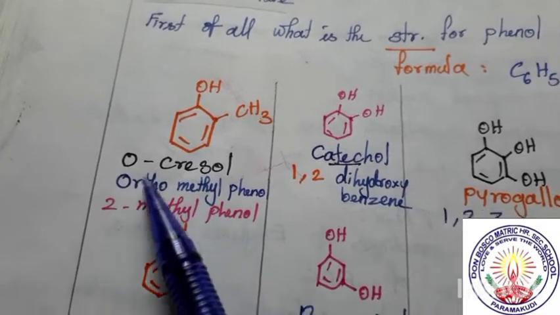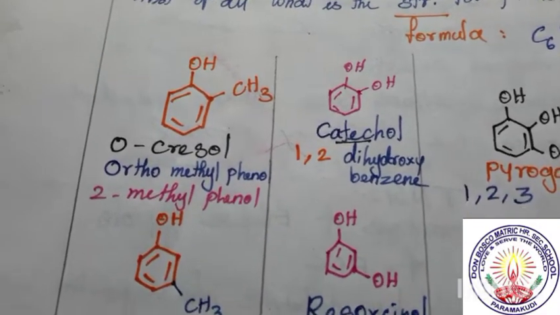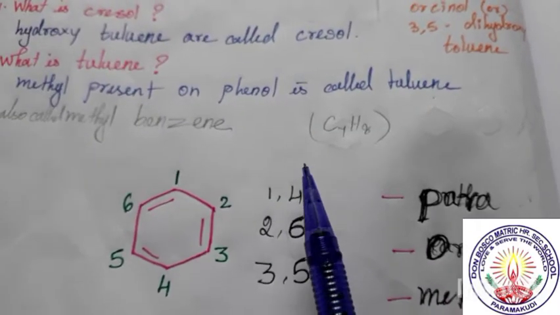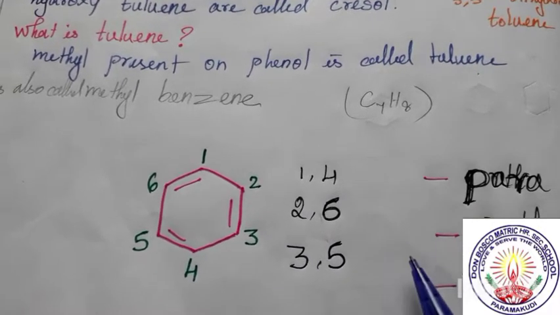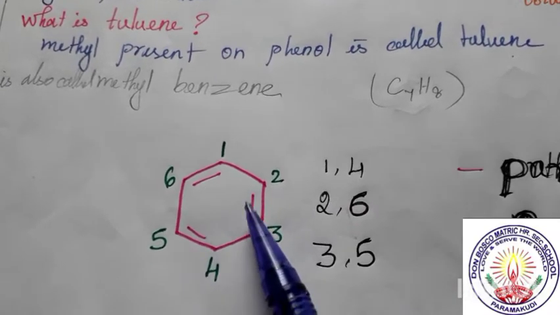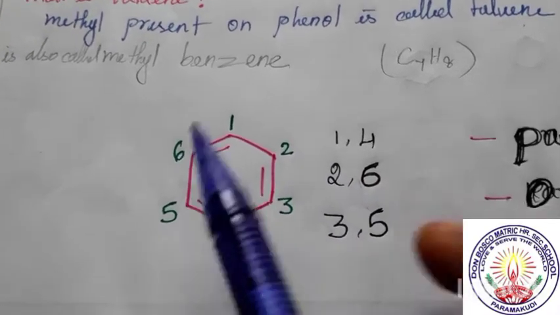So this is orthocresol. Before that we should know, before that we shall understand ortho, para, meta positions. This is the benzene ring and we shall name the carbons 1, 2, 3, 4, 5, 6.